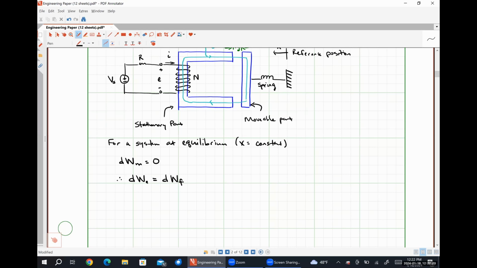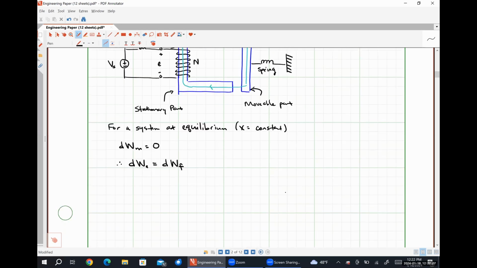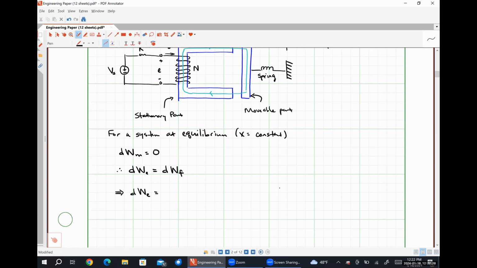So if we look at our diagram, we can see that our electrical energy is just going to be the voltage drop across our coil times the current flowing through our coil, I, multiplied by some differential time element dt.